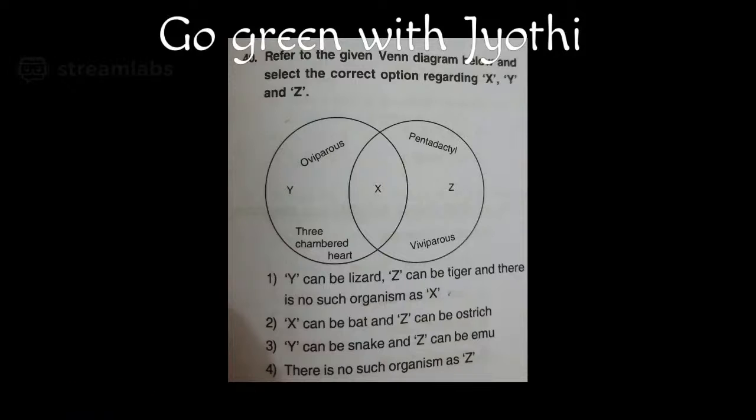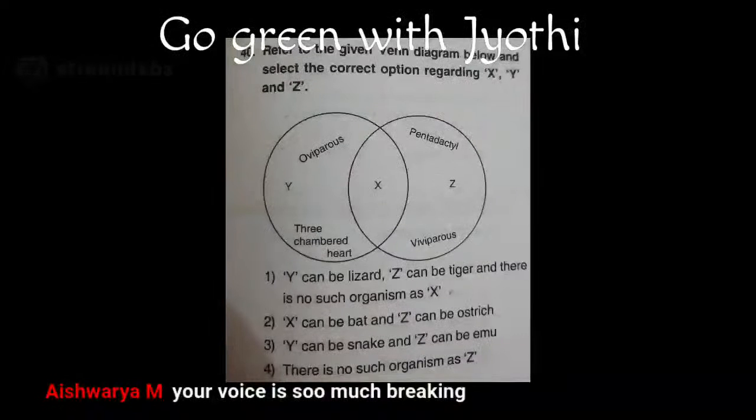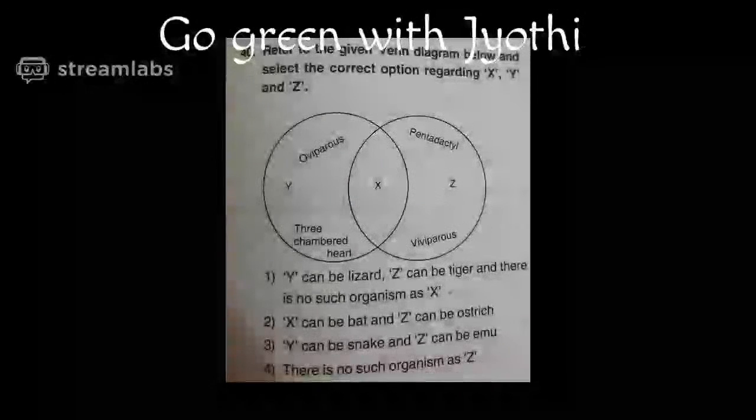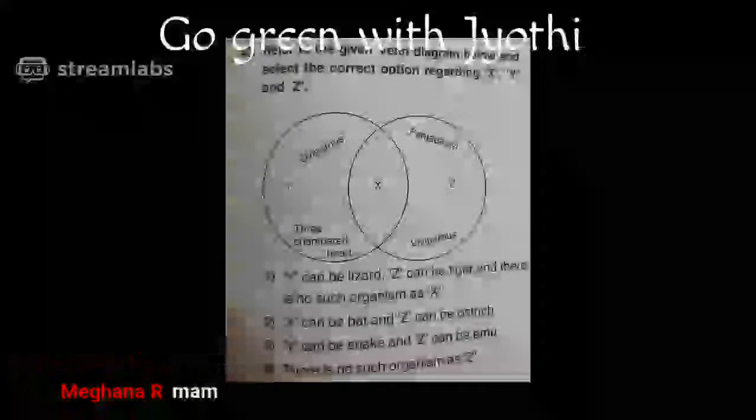Z is emu, a bird. Fourth, there is no... because Y can be tiger, bird, and organism. First option is the right answer.